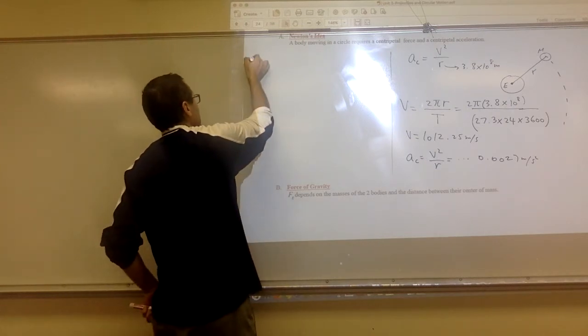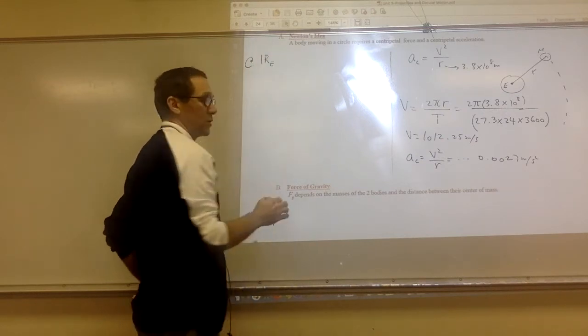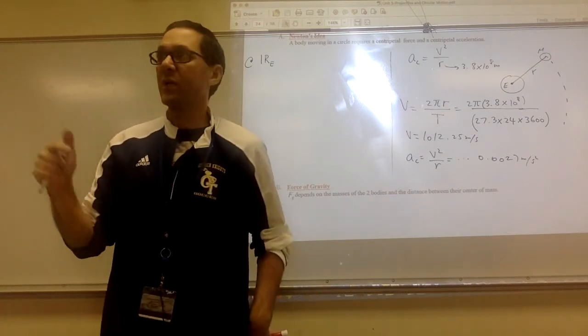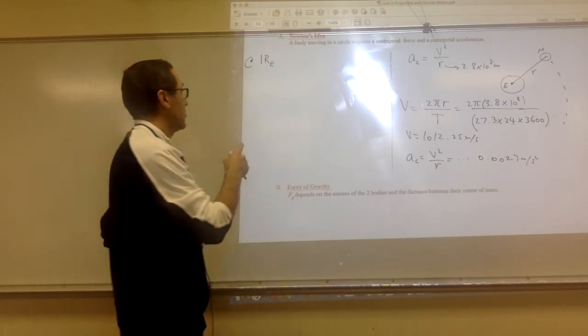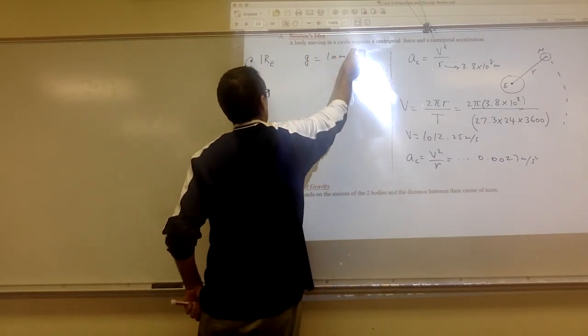So at the surface of the Earth, which is 1 times the radius of the Earth. So when you are at the surface, the distance between you and the center of the Earth is 1 times the radius of the Earth. G is basically just 10 meters per second squared.